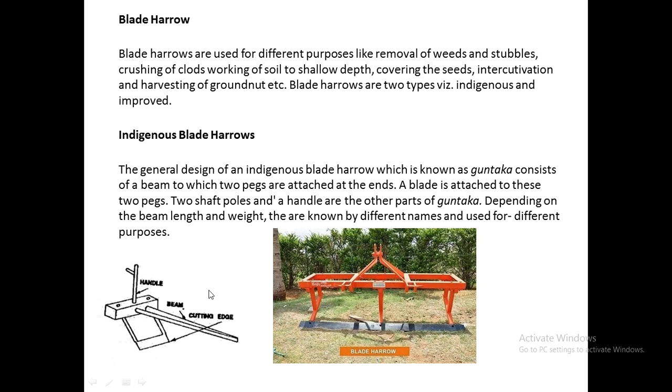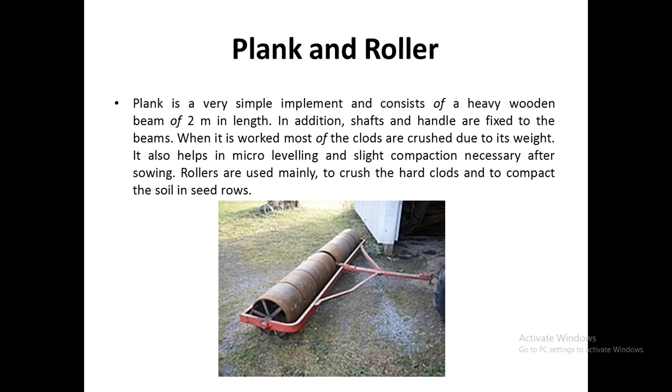There is a handle, a cutting edge, and a beam provided to the blade harrow. The plank and roller is also another type of secondary tillage implement where the soil is further broken down and leveled before the seeds are placed in the field. So these are some of the primary and secondary tillage implements for carrying out primary and secondary tillage activities in the field. Thank you.